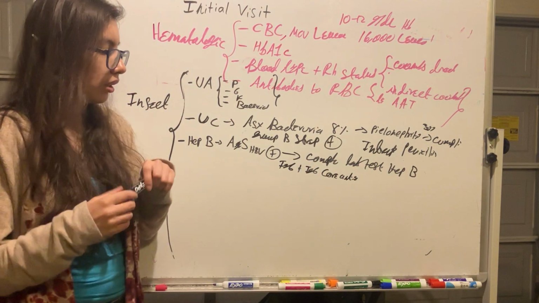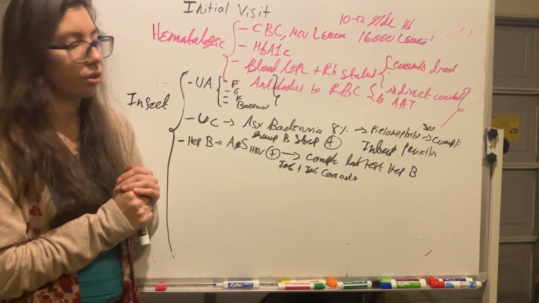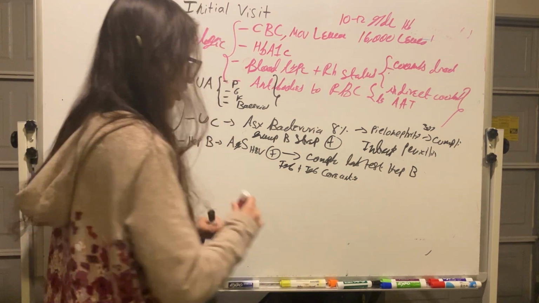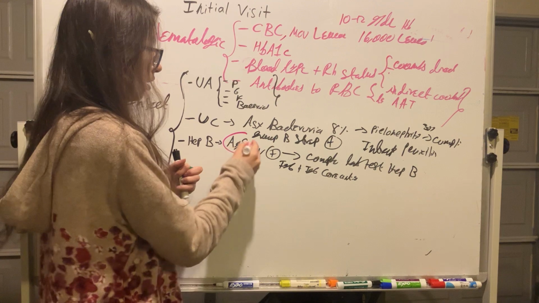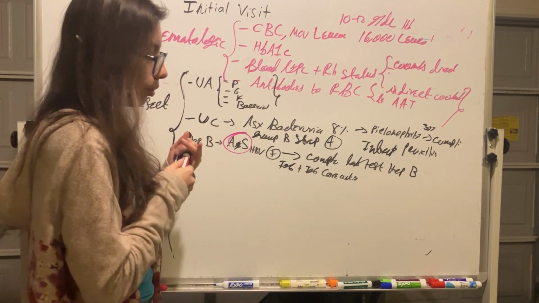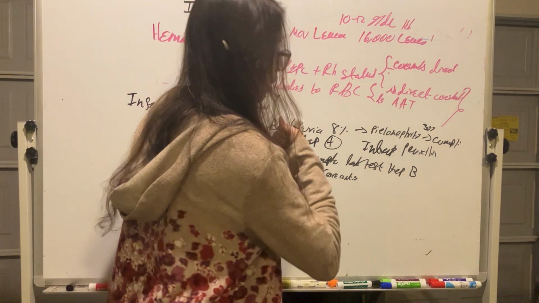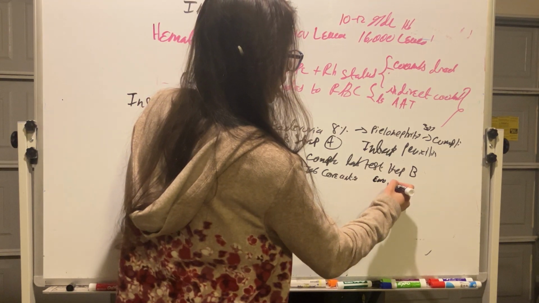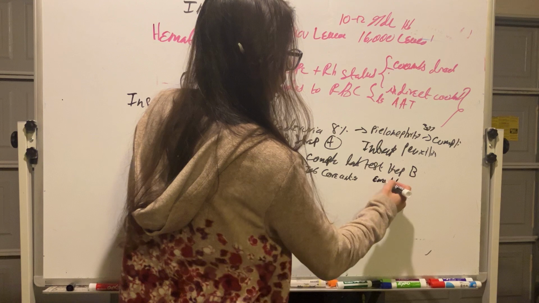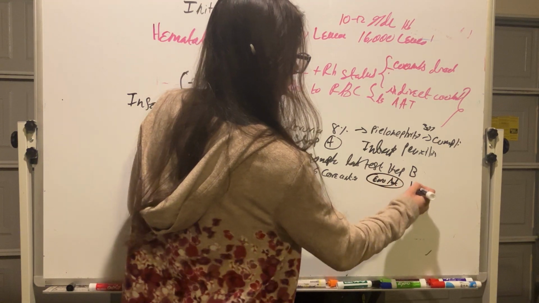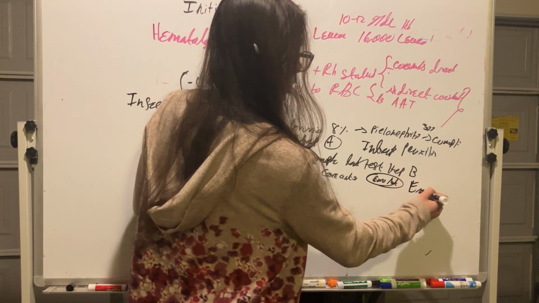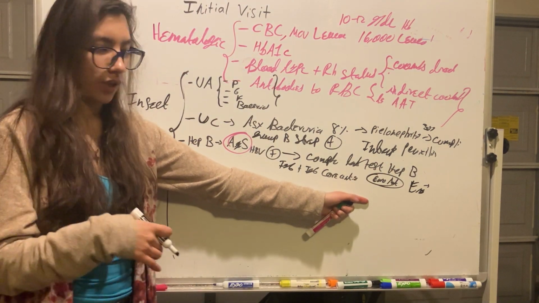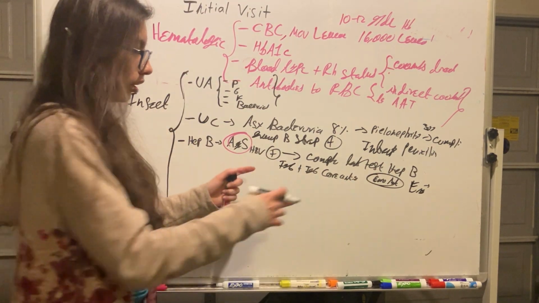What determines the risk of vertical transmission to the fetus is the surface antigen and the envelope antigen, or the E antigen. This is a surrogate of how infectious the patient is.